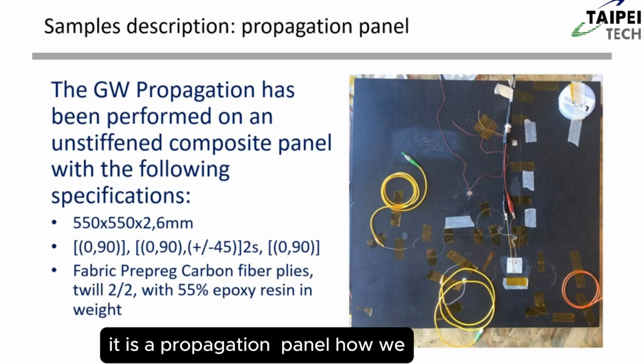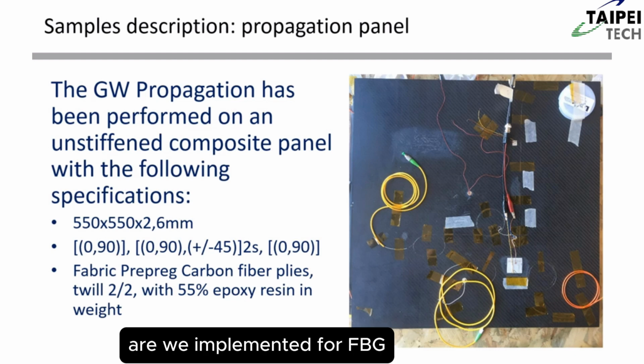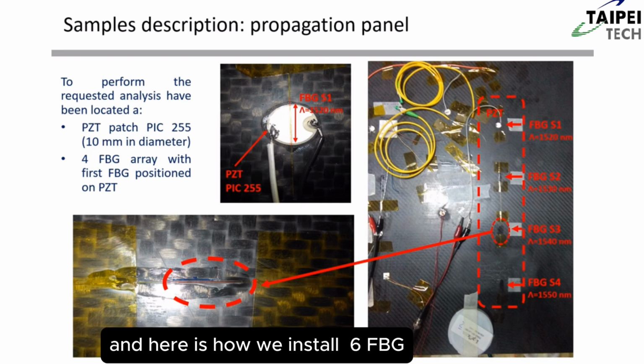It is a propagation panel, and here is how we install the 6 FBGs positioned on a PZT.